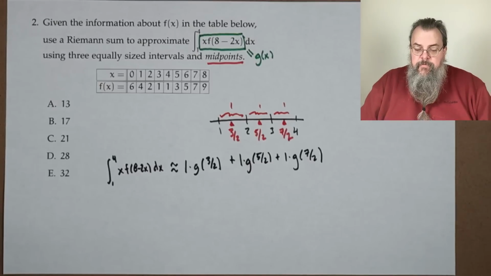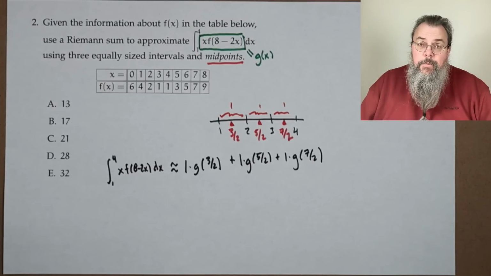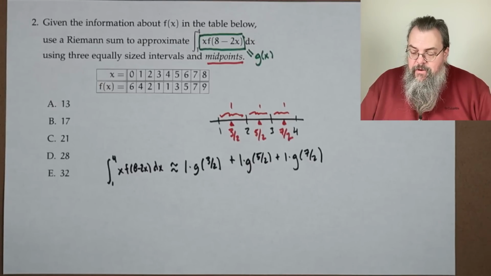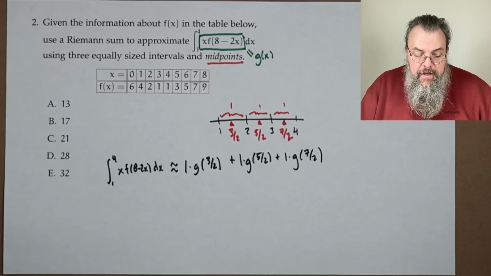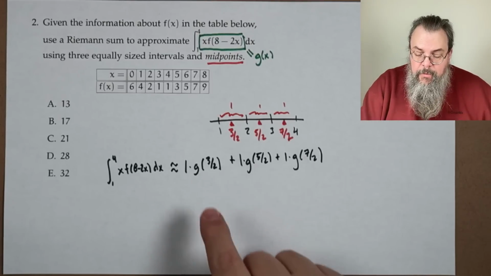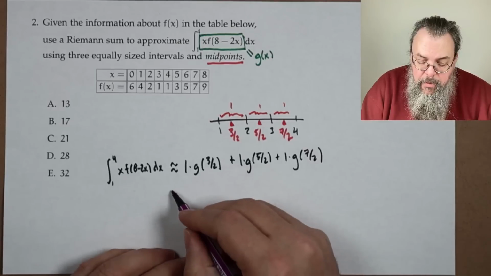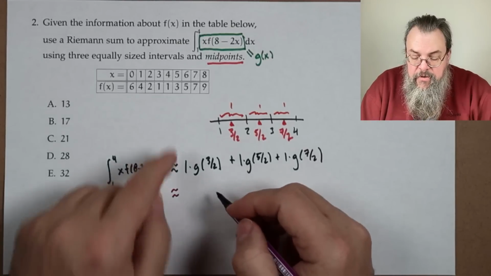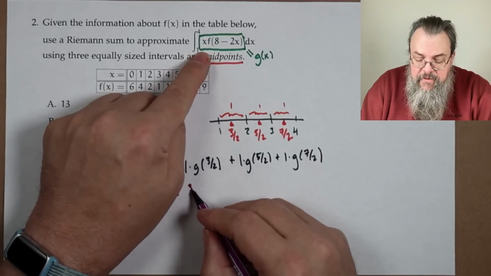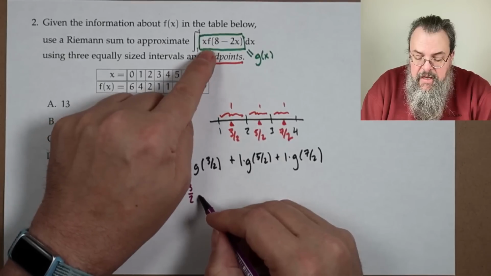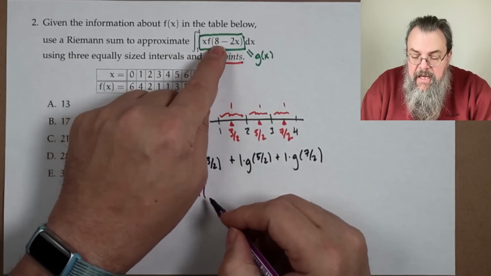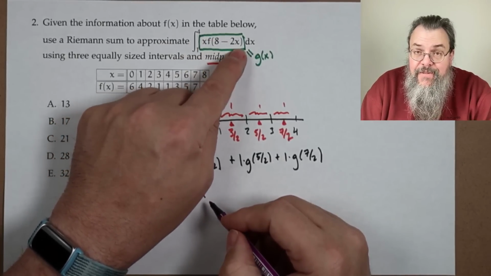All right, so now plug them all in. When we plug in our value for 3 halves, we're plugging it into this expression. 1 times anything is just 1, so we're going to drop that. We have 3 halves times f of 8 minus 2 times 3 halves.